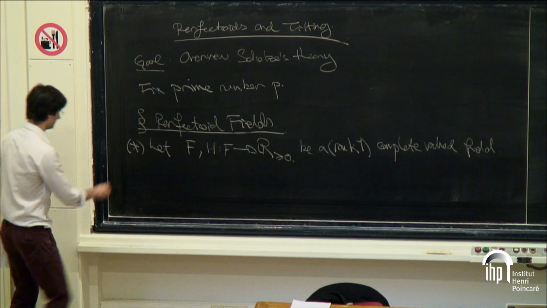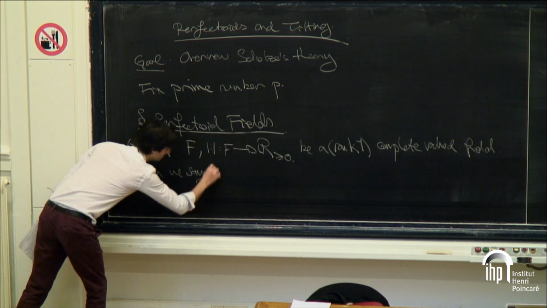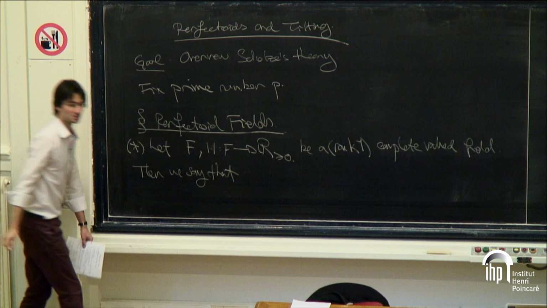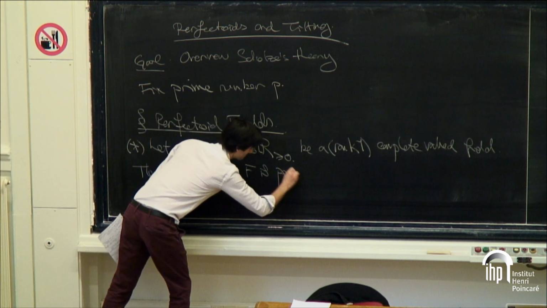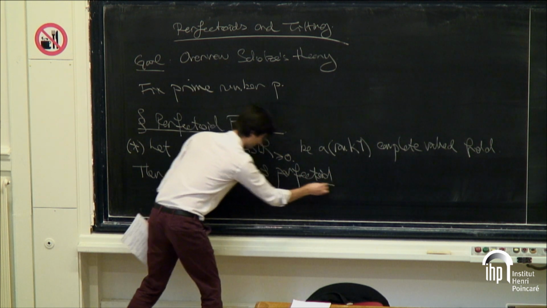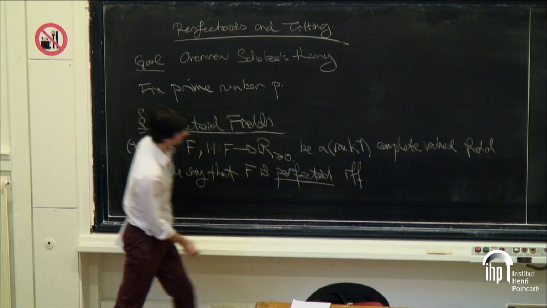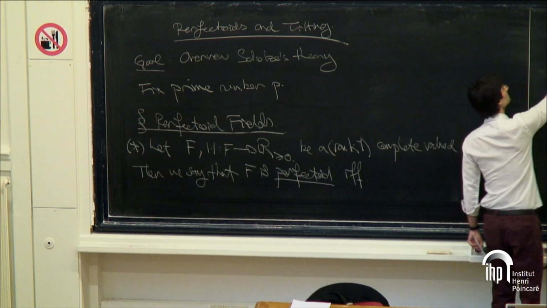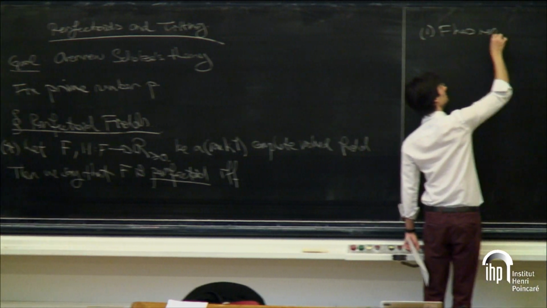Well, there we are. So given such a field F, we say that this is perfectoid if and only if it satisfies the following 3 conditions. So firstly, I ask that F has residue characteristic p.